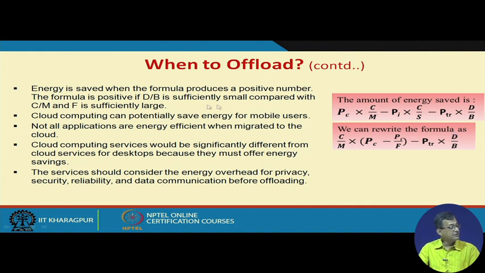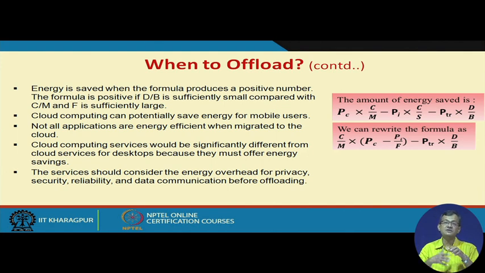Cloud computing can potentially save energy for mobile devices. Note that not all applications become energy efficient when migrated to the cloud. From this formula, first of all D by B should be much less than C by m, and f should be sufficiently higher, which makes sense.